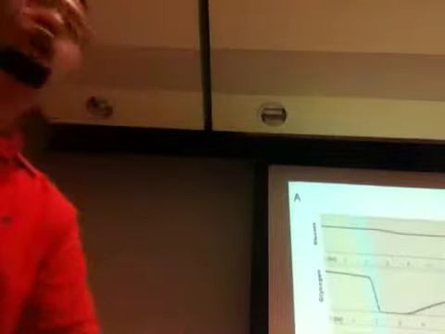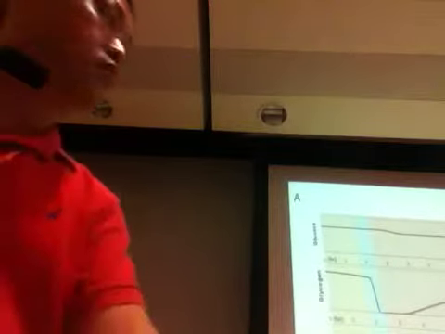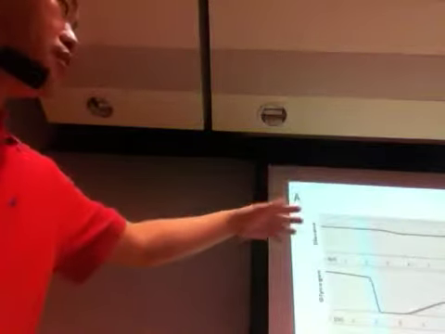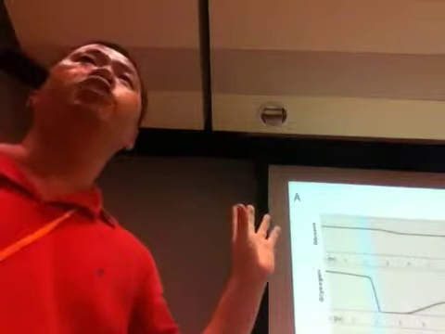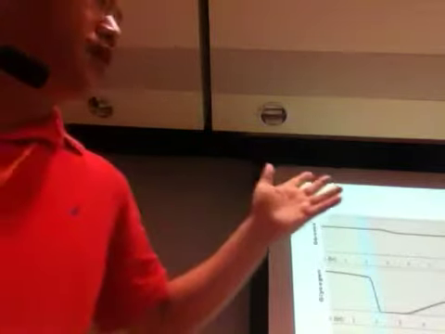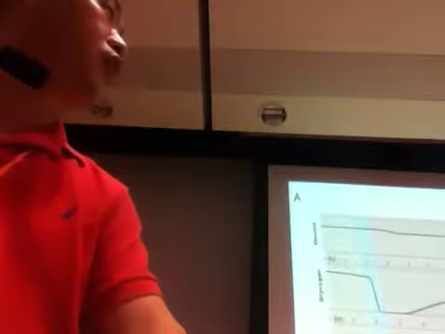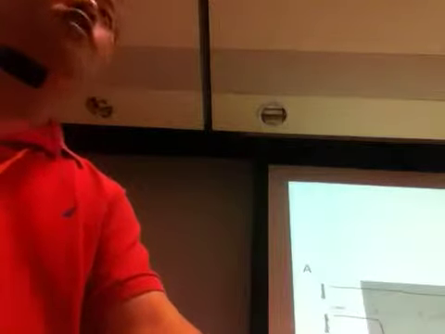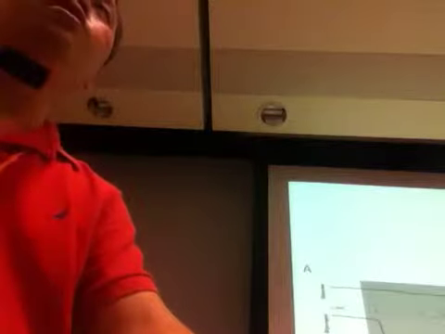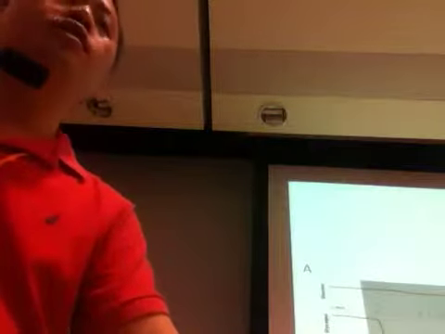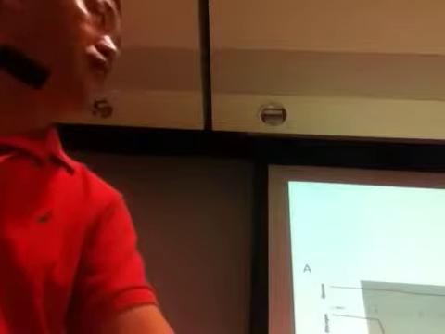Okay, how to analyze this result? We divided the whole life of E. coli into six phases. In the first phase, you can see here, glucose and glycogen are both present in E. coli.